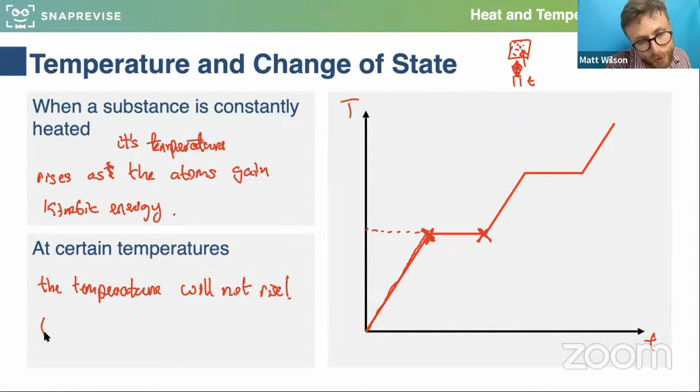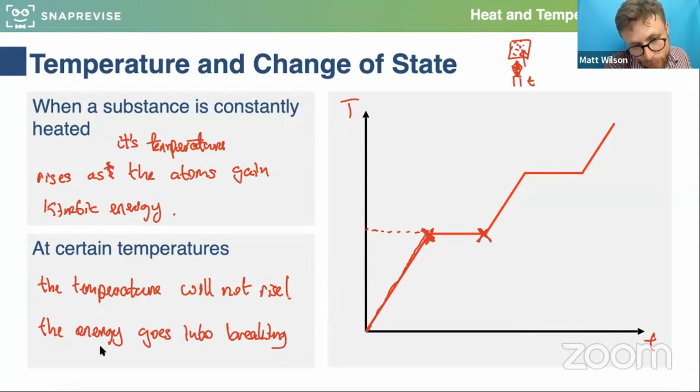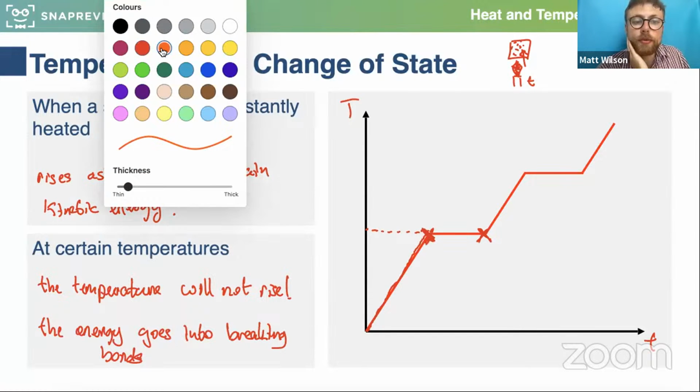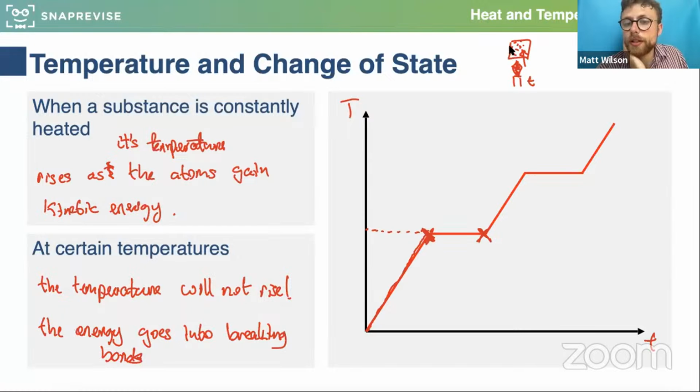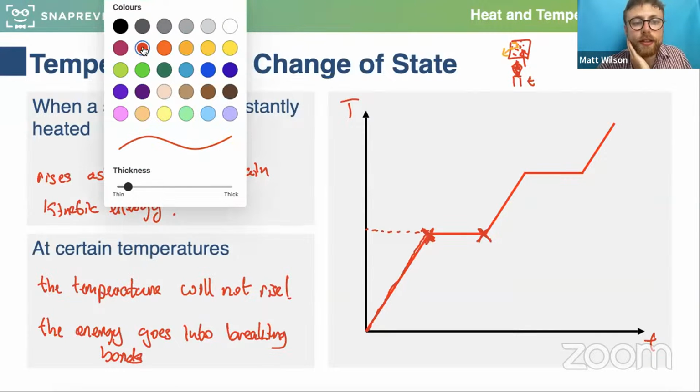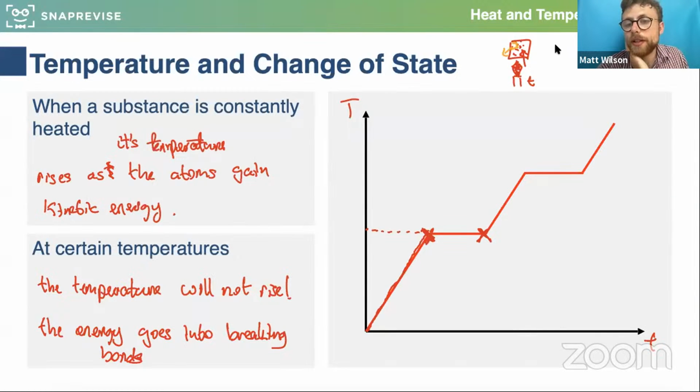This is because the energy goes into breaking bonds. Okay, so usually as we add the temperature, what happens is these particles in our material just start to move faster and faster. But at some point, we put in so much energy that rather than just moving faster and faster, these particles actually break away from each other.